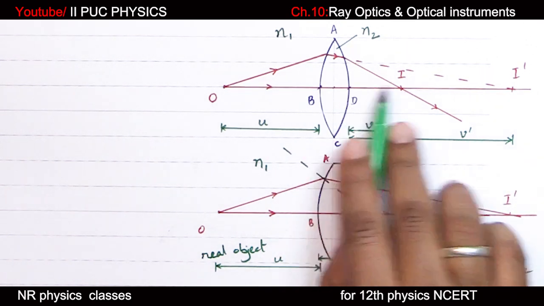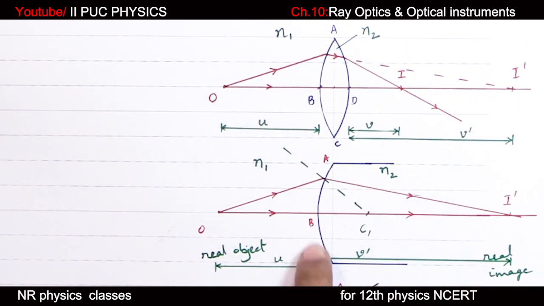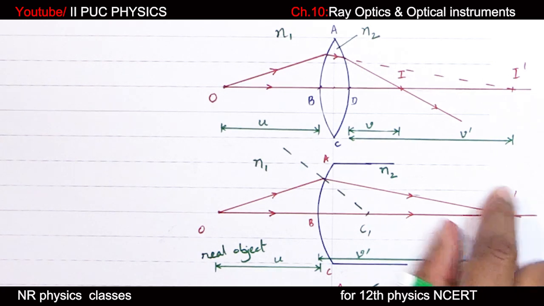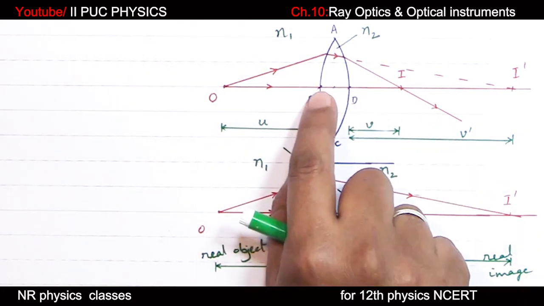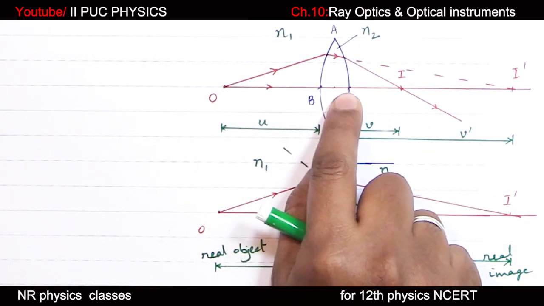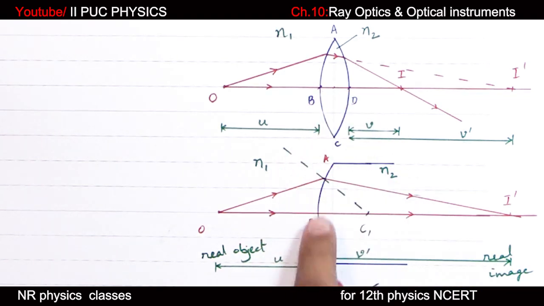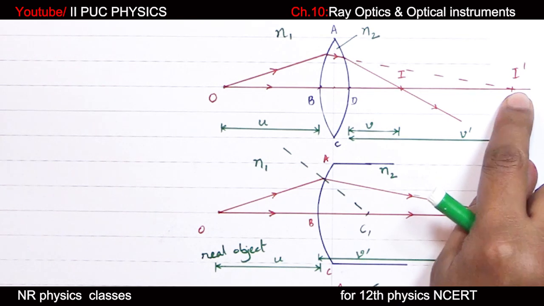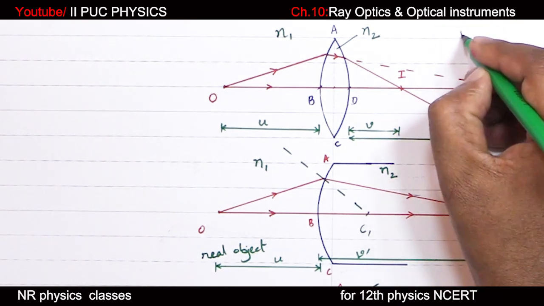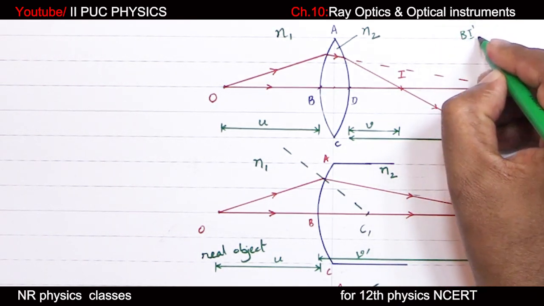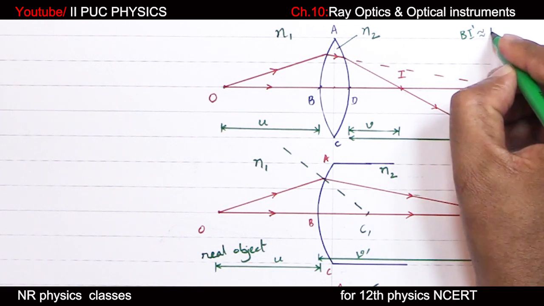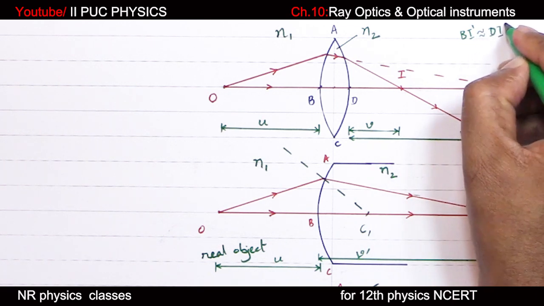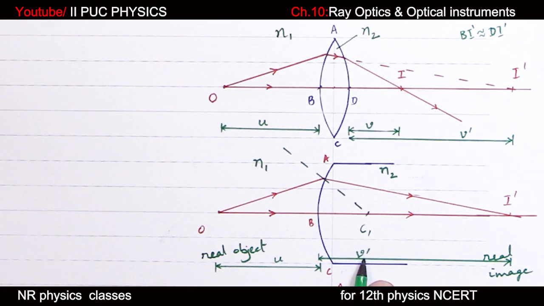V dash is D I dash. Here B I dash: if it is a thin lens, distance BD can be neglected. If BD is neglected, then B I dash is approximately equal to D I dash. That is why this is also V dash.